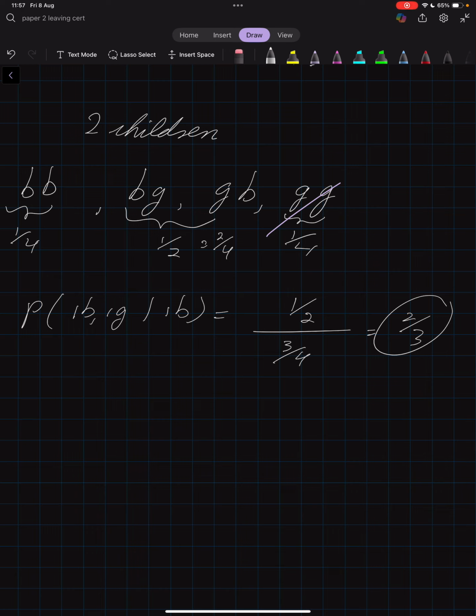It's much more likely, because you've gotten rid of both of them being girls. So there's only 3 options left, and only 1 out of the 3 has two boys, 2 out of the 3 have a girl, and therefore it's 2/3. Okay?